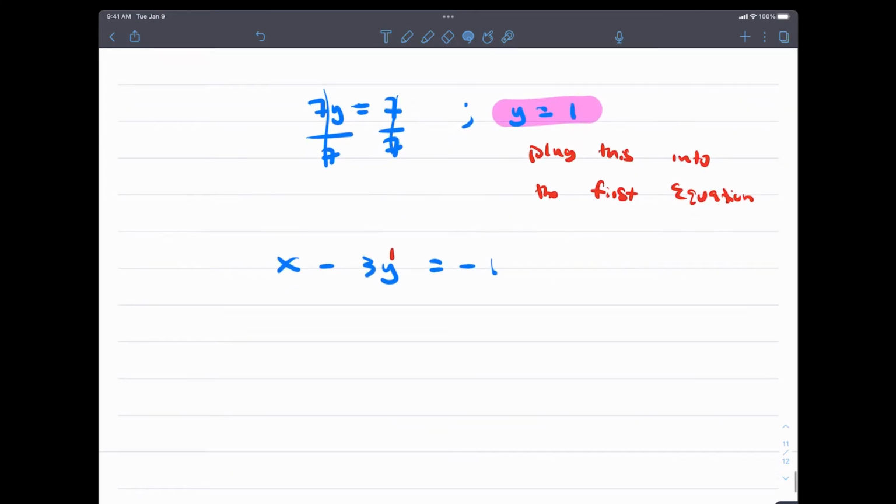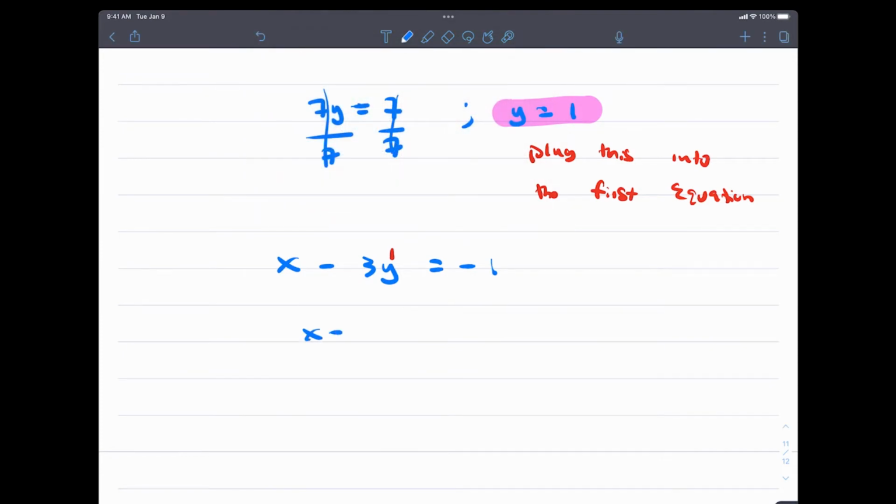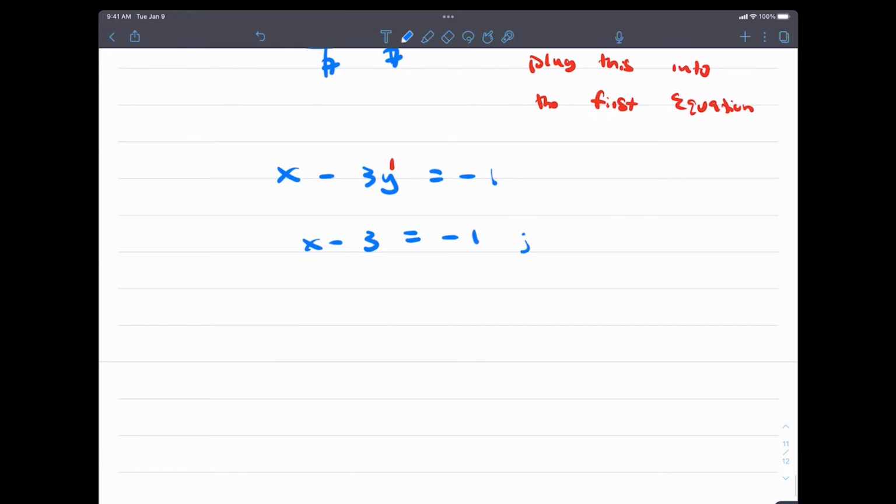You get x minus 3 times 1. What's 3 times 1? 3, and that equals -1. Could you solve for x now? Yes, you can, because you add 3 to both sides. What does x give you? What's -1 plus 3? +2.